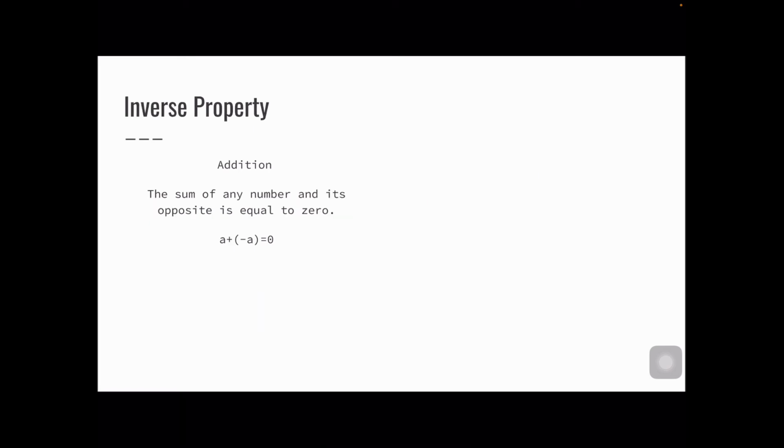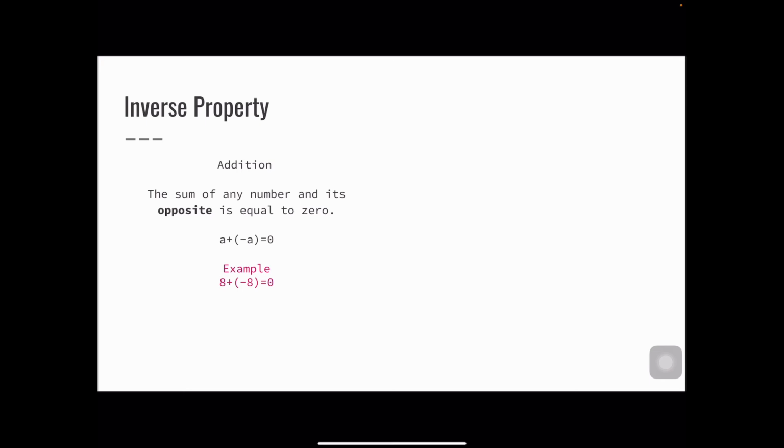Now we're looking at the inverse property. And again, these are things that we kind of already know from before that we're giving a name to. So first, we're going to start with the inverse property of addition. The inverse property of addition tells me that the sum of any number and its opposite, or the number with an opposite sign, is equal to 0. So if I have A plus negative A, that's going to give me 0.